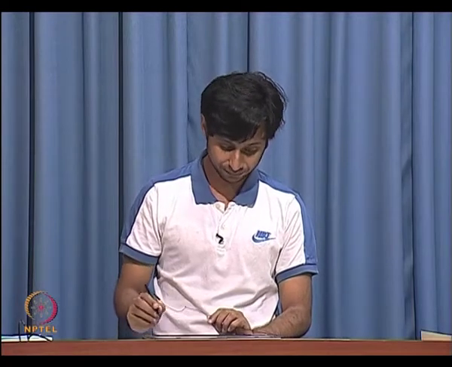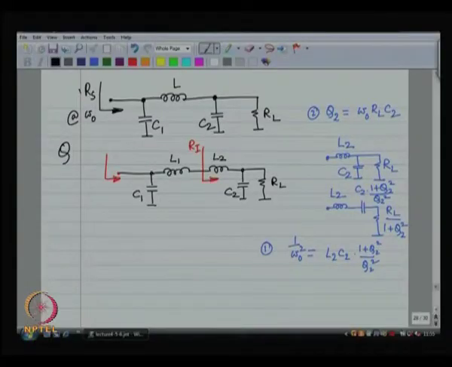So, when we started off, we said that I know R s, I know R L, I know omega naught, these are all design parameters, and I want a certain Q. Why do I want a certain Q? Because I want a certain bandwidth, overall bandwidth of my matching circuit. So, at a certain frequency it matches perfectly, and around that frequency over a little bandwidth it matches somewhat. So, I want to define what is the range of frequency over which it matches somewhat.